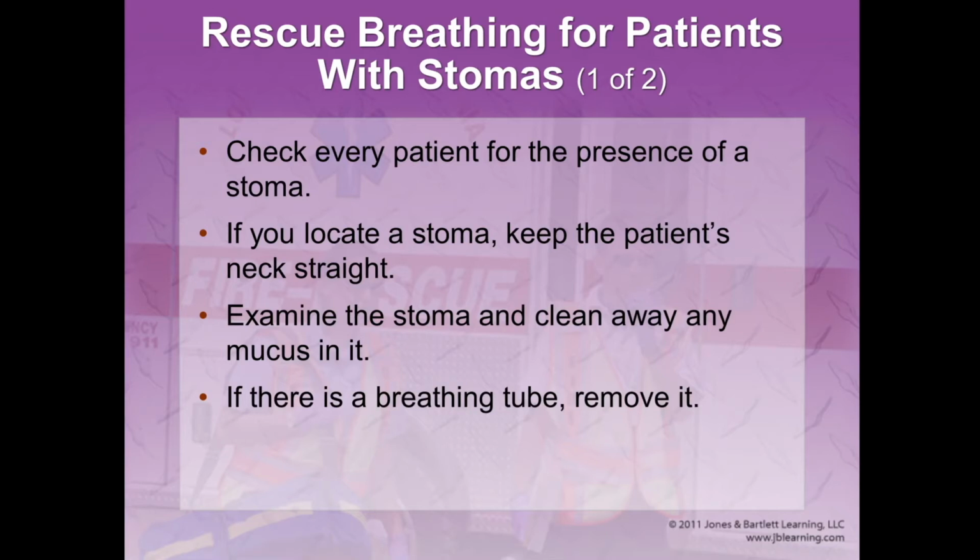I did touch upon the stoma and trach things when we were talking about rescue breathing earlier. So as a review, if someone does have a stoma or trach, any airway ventilation that you do has to be through that. Also, if you're going to suction someone, you're going to be suctioning through that, and essentially all your treatments are going to be through the trach or the stoma and not through the mouth or the nose.